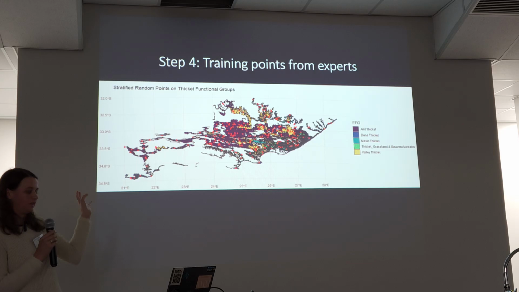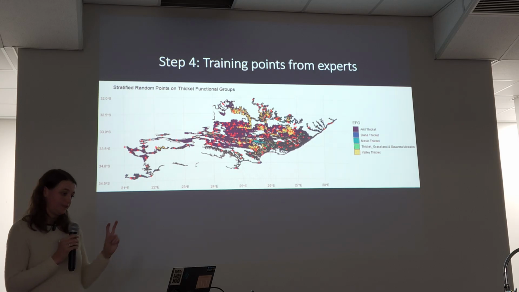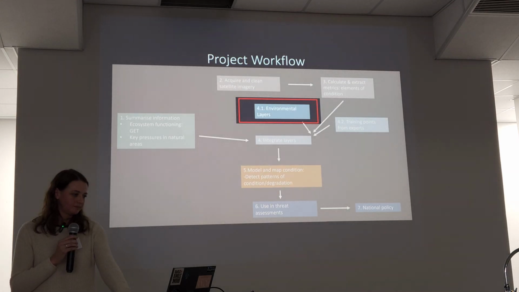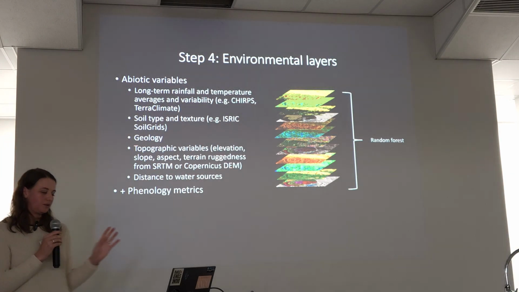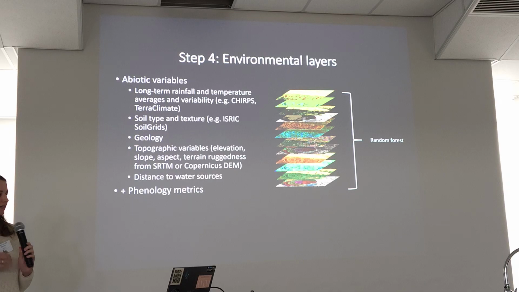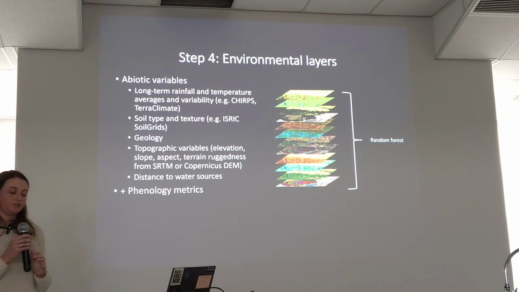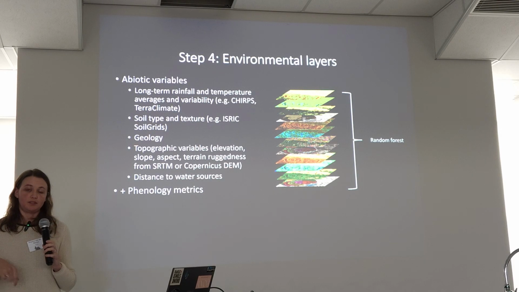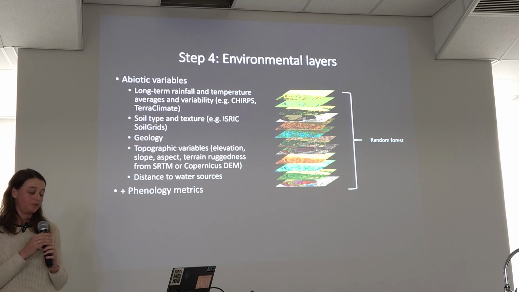So we just used random stratified sampling where I stratified by these bioregions. And then we have access to quite a bit of environmental layers, which we'll combine with those phenometrics and the training points to model with random forests.